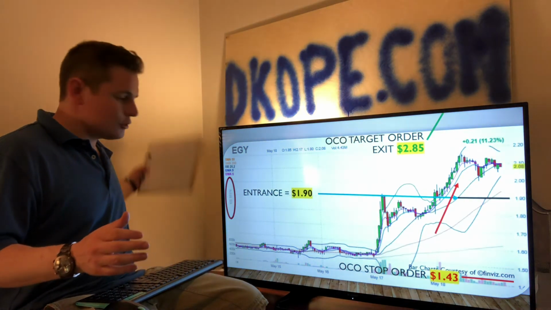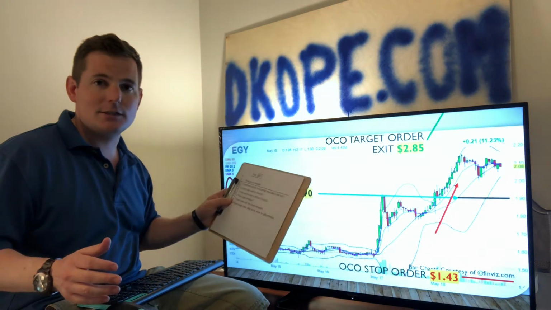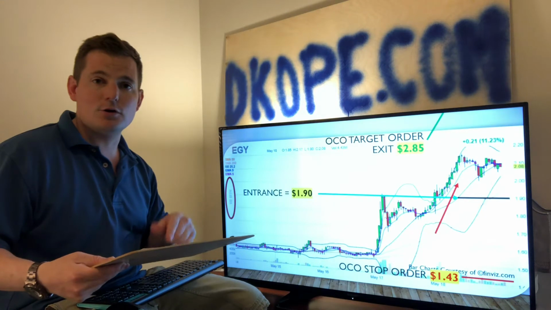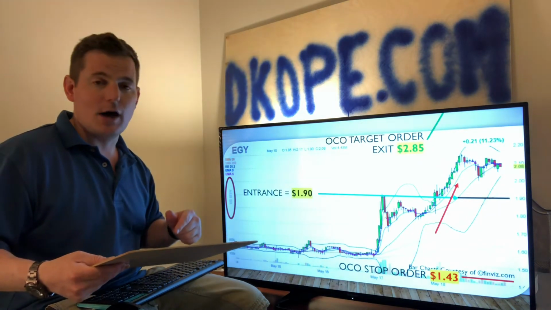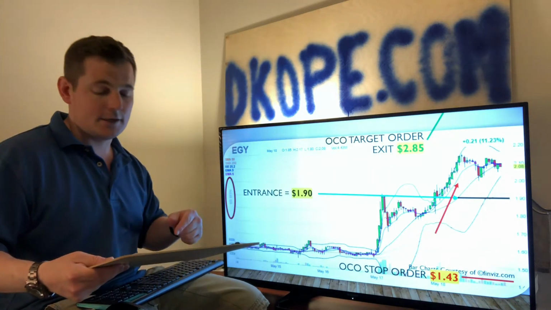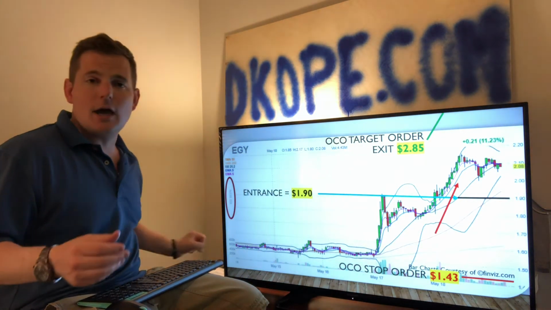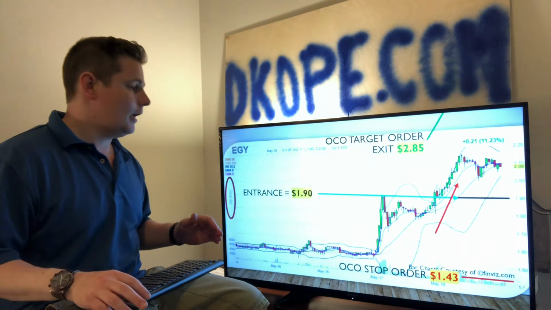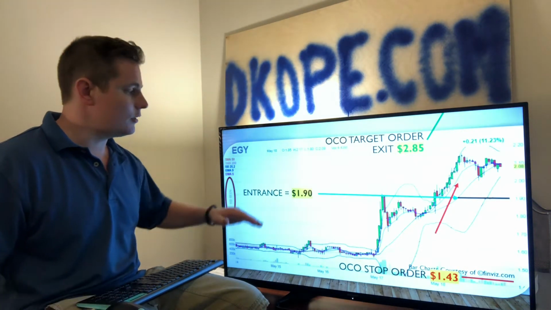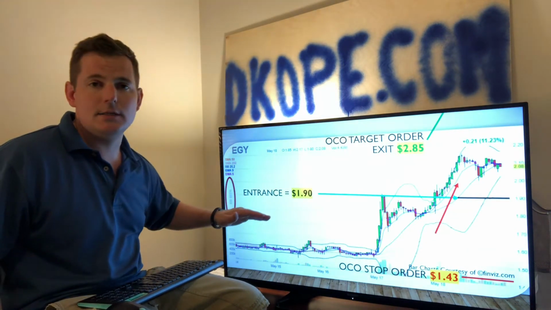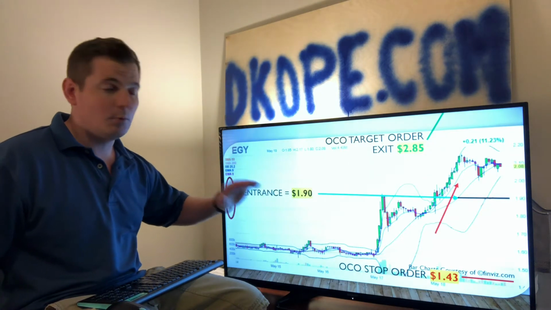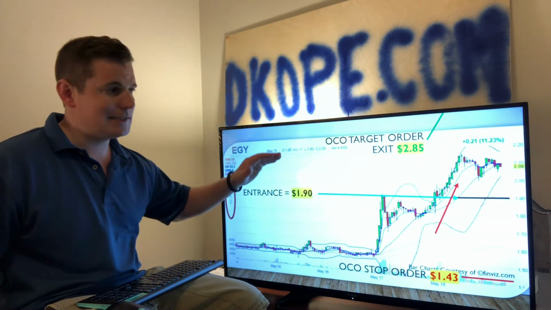We have our trade entry checklist here, which is right in our trade template Excel file. So we'll get to that in a second. But it checks off all the boxes. There's high relative volume. And here's the risk reward right here. So we're looking to enter at 190 because we think there's going to be a little pullback from the levels that it's at right now.